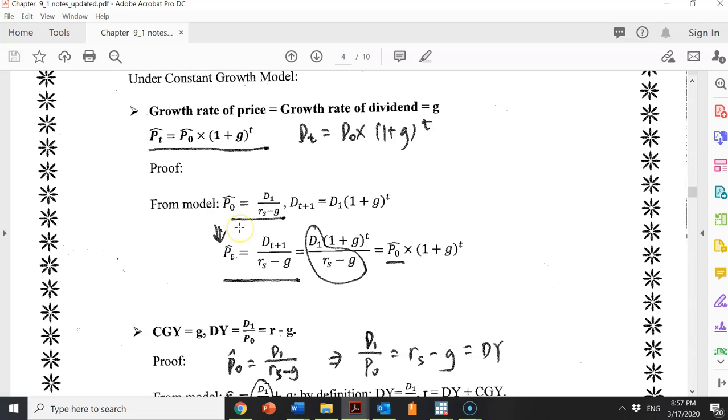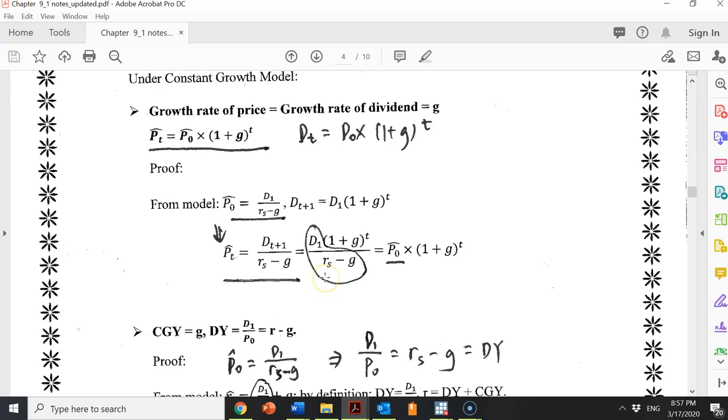From the original constant growth model, P0 equals D1 over Rs minus g. And we also know Dt plus 1 equals D1 multiplied by (1 plus g) to the power of t. So Pt becomes Dt plus 1 over Rs minus g, and Dt plus 1 can be replaced by D1 multiplied by (1 plus g) to the power of t.